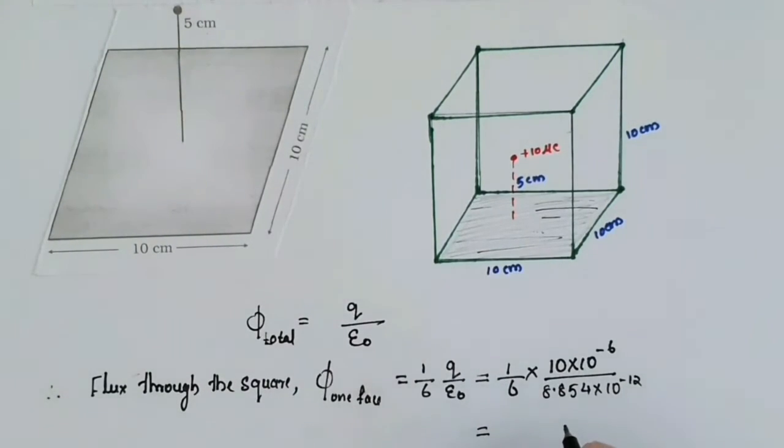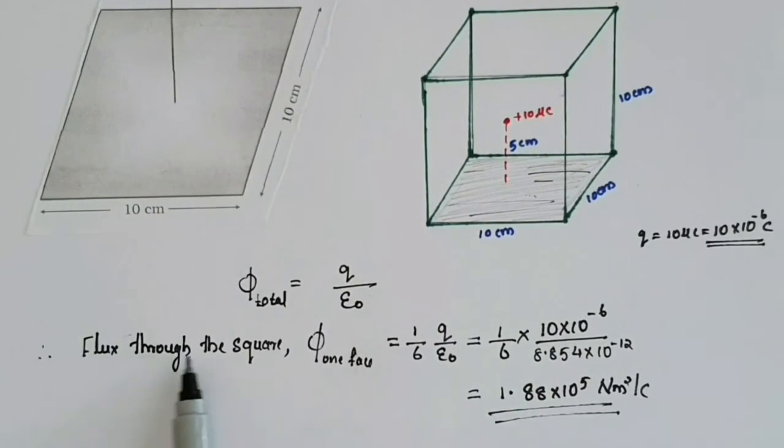This is equal to 1.88 into 10 raised to 5 newton meter square per coulomb. Therefore, the flux through the square is equal to 1.88 into 10 raised to 5 newton meter square per coulomb.